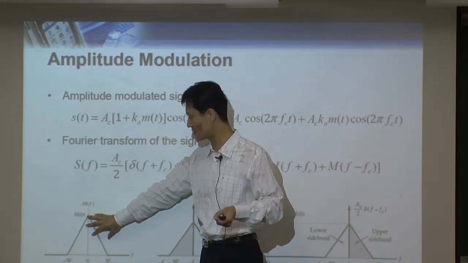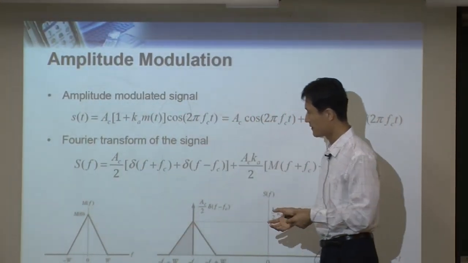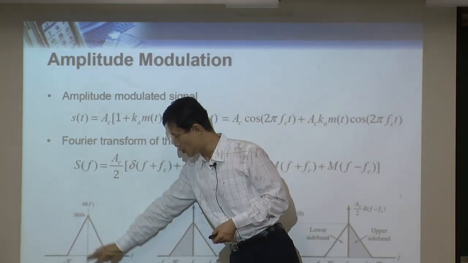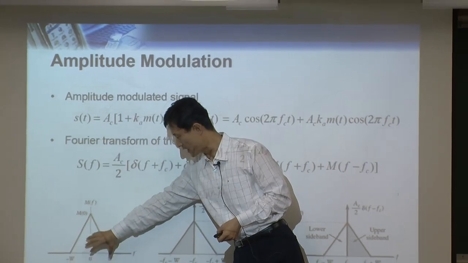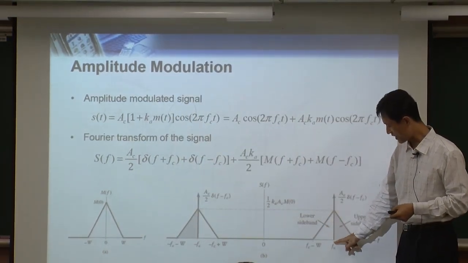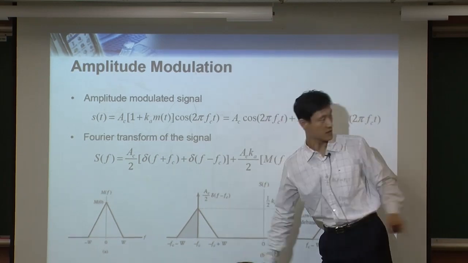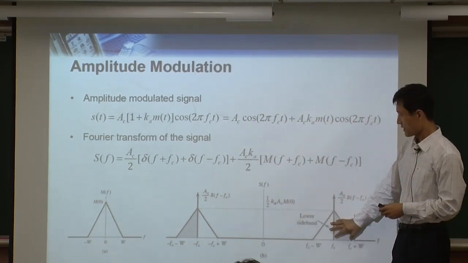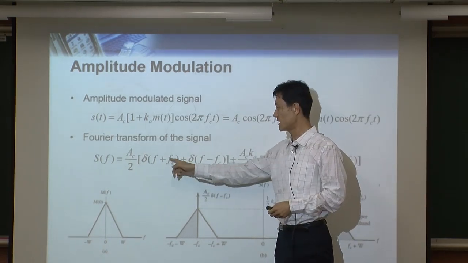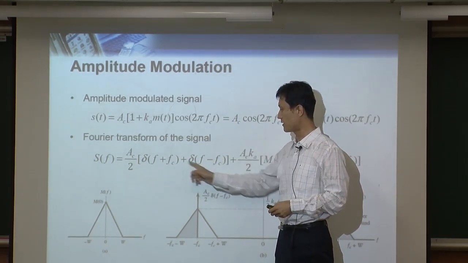In that case, based on this modulation, this one was originally in the baseband. Now this one is shifted in frequency. So now the center frequency becomes Fc and minus Fc, as I said here. Plus, you have two direct delta functions, one at Fc and one at minus Fc.